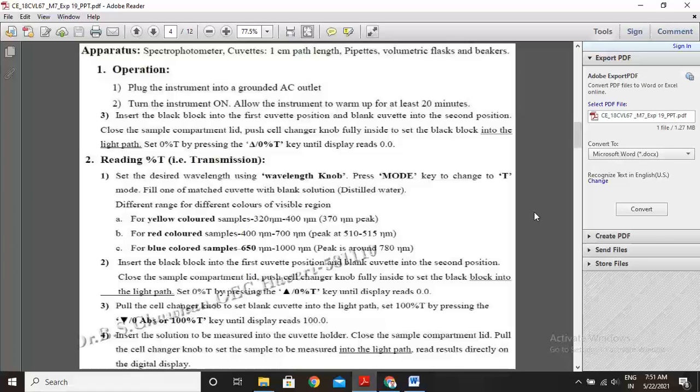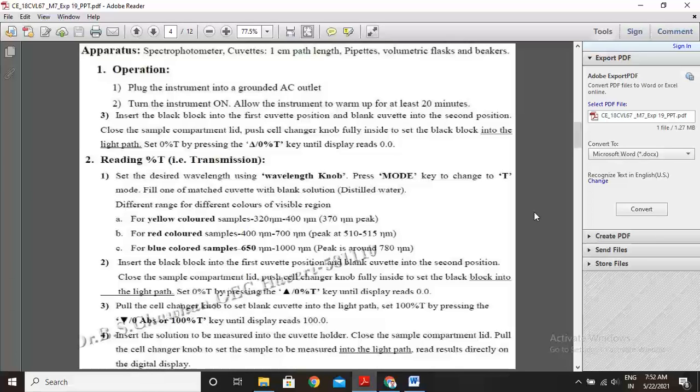Third step, insert the black block into the first cuvette position and blank cuvette into the second position. So while opening the cuvette slot, you start these steps. Then close the sample compartment lid.